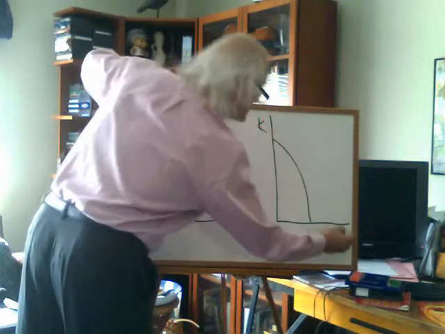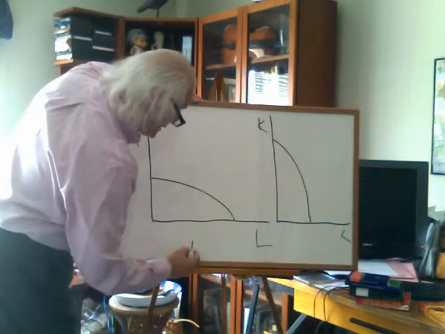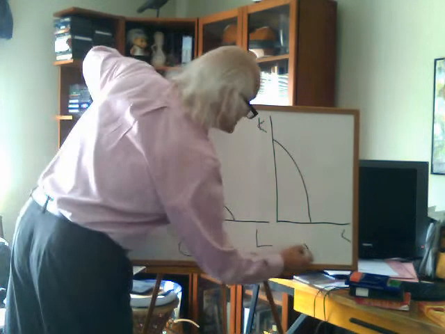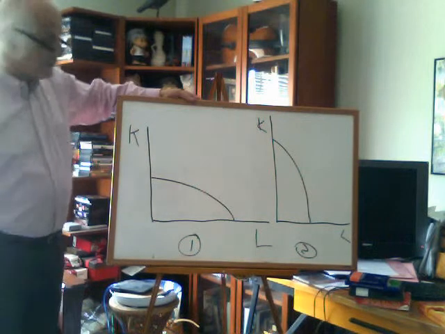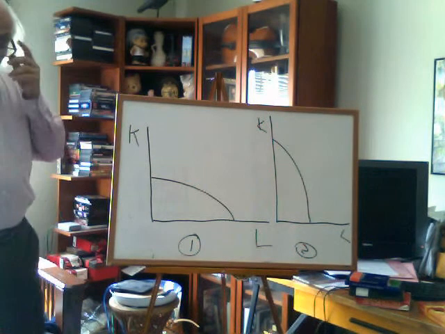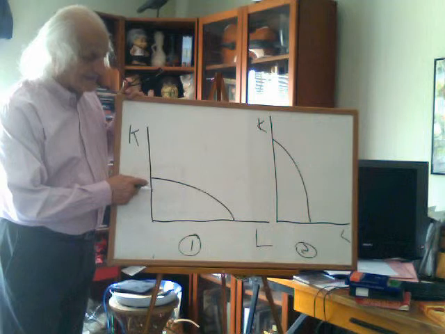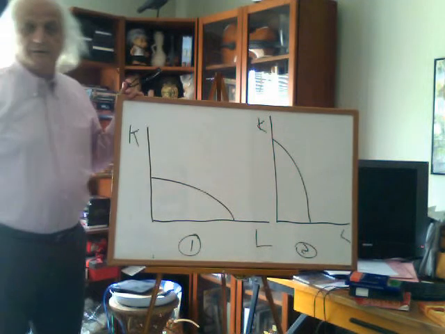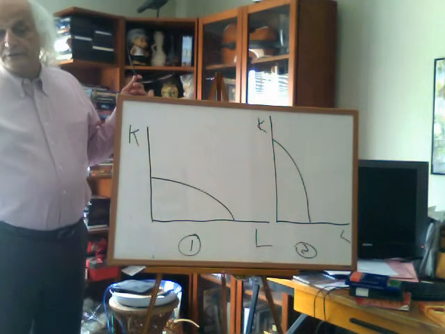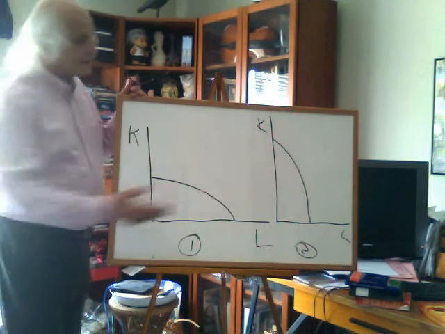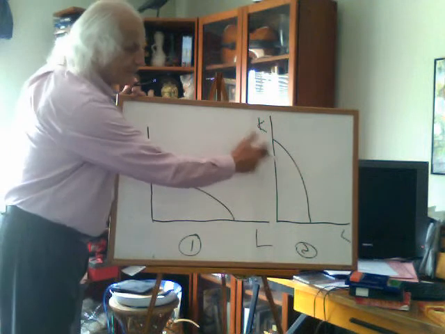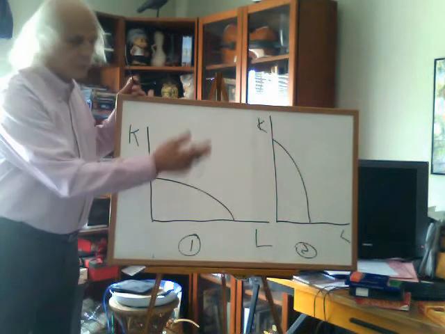So this is country A, or the first country, and this is the second country. What's the difference between these two? Notice, this one is less capital intensive than this one. So obviously what we're really saying is that in this country, capital intensity is more important.